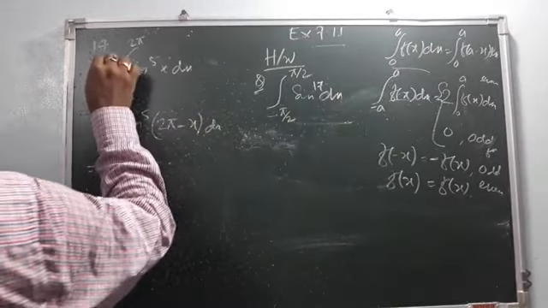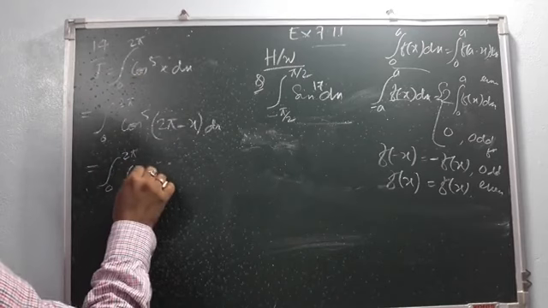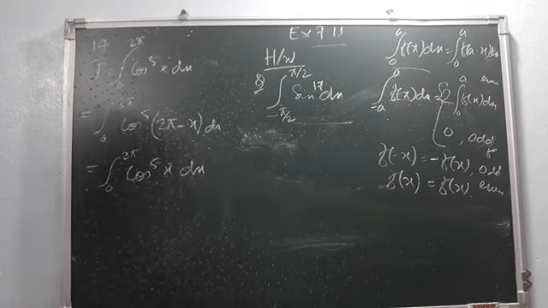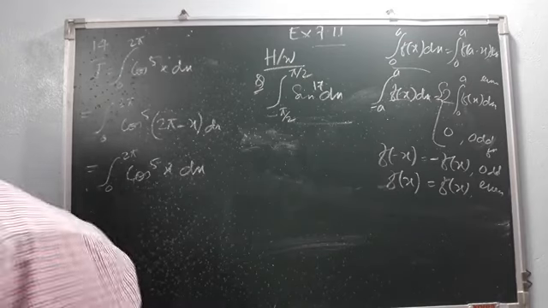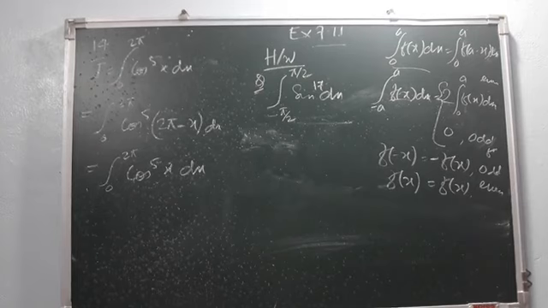So if we take this one as I, this will give cos 5x only, and its value will remain the same.